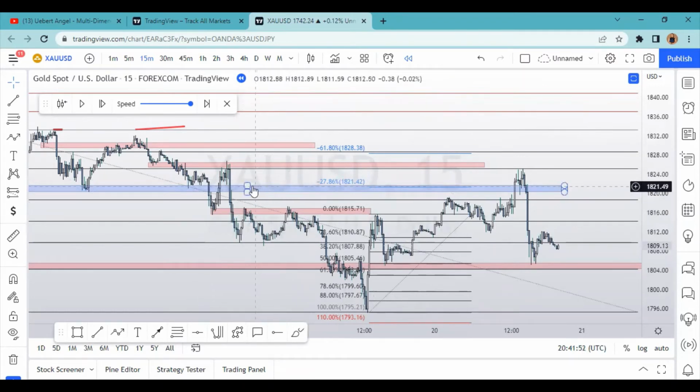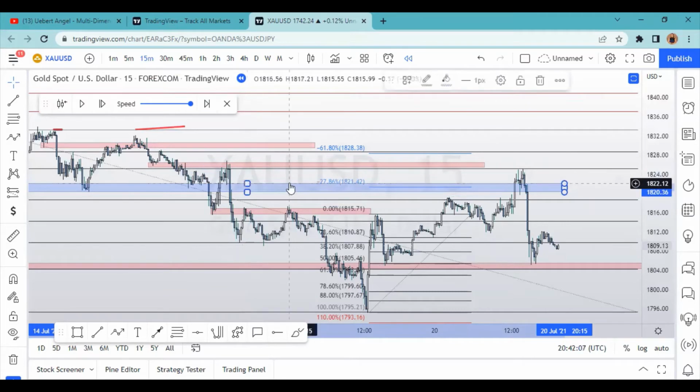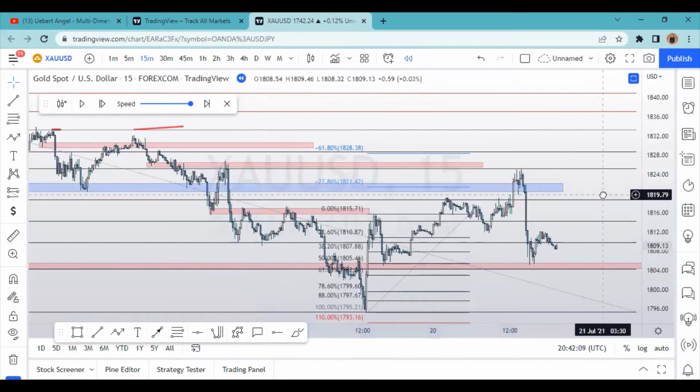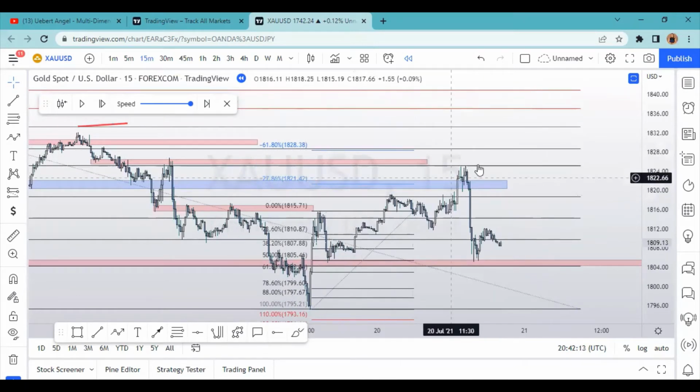So normally support and resistance is not just like a line, it's an entire zone. All this place is an area where we have previous price reaction. But because we don't want our chart to look crazy, price came here and reacted off of this area.